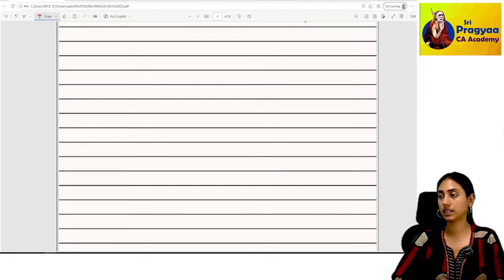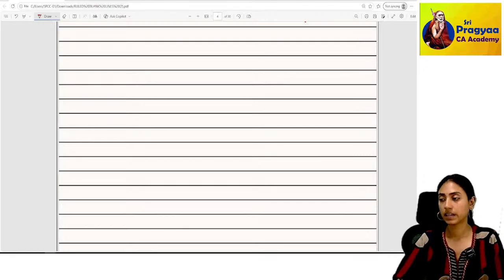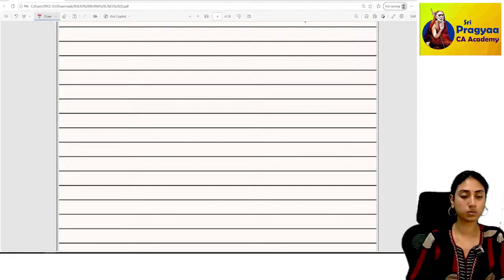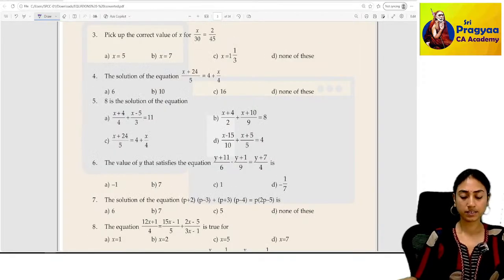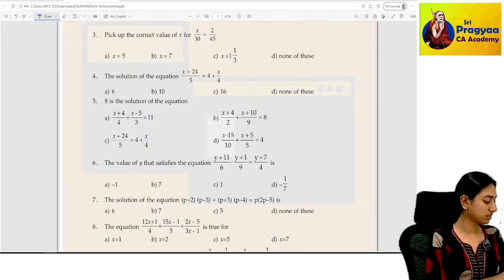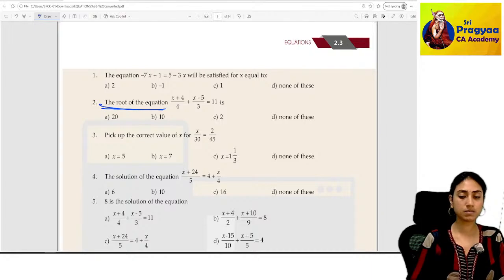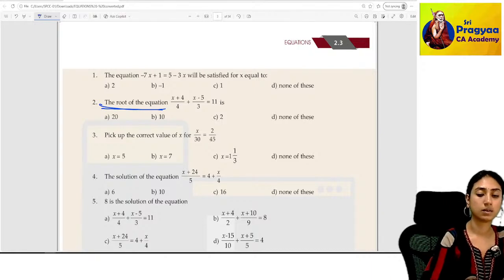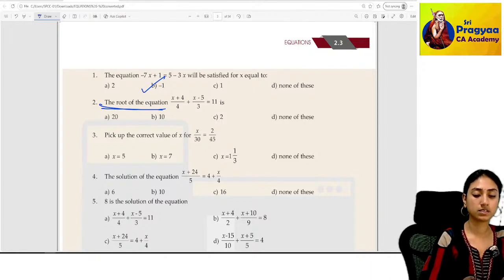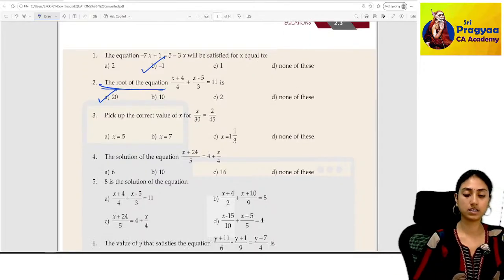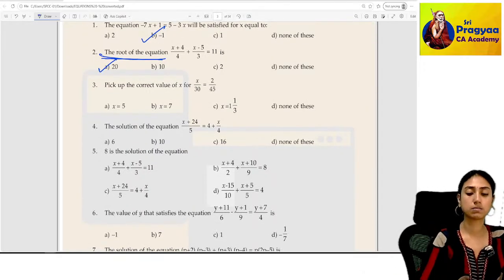Done. There are only 9 problems. Quick. Anything you want me to work out? So the first sum answer was -1. Second is 20. Third is just multiplication.